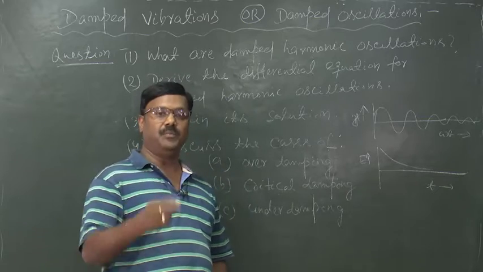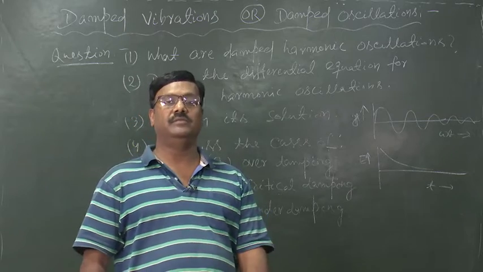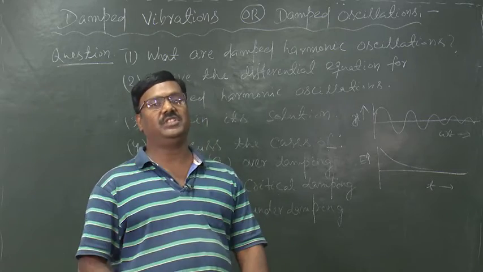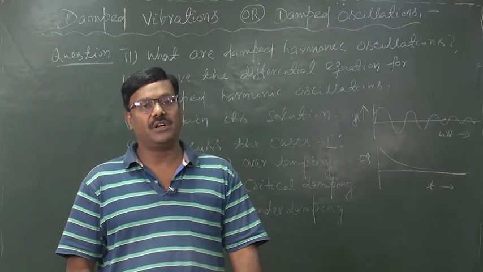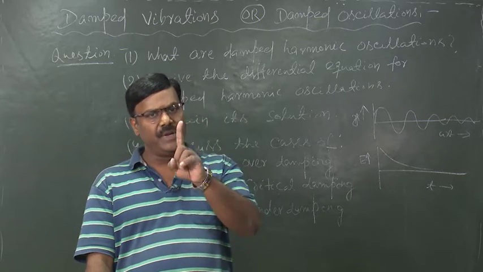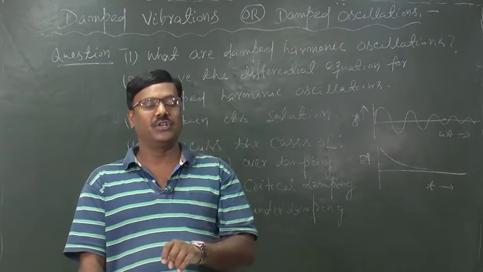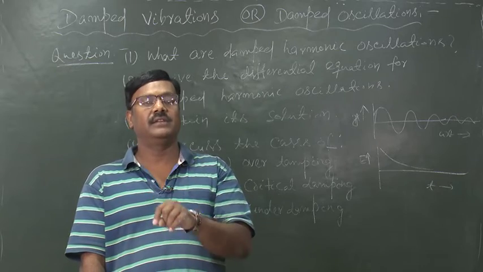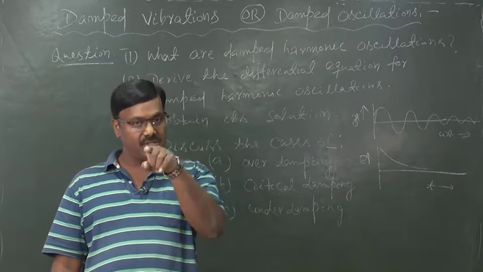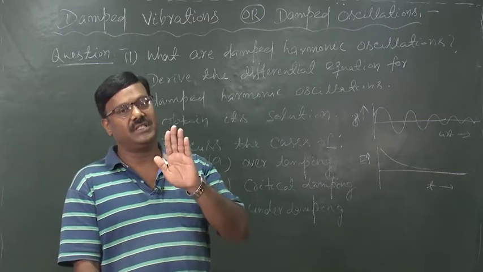But if a body executes its oscillation in a resistive medium, then its amplitude and energy will decrease with time and its oscillation becomes damped. What is a resistive medium? The medium which offers opposition, that is force, to the motion, decreases the amplitude and energy, and due to this opposing force an undamped oscillation becomes damped.